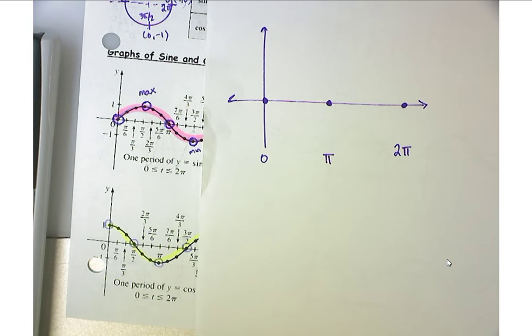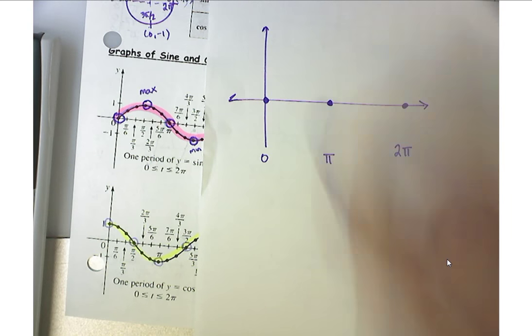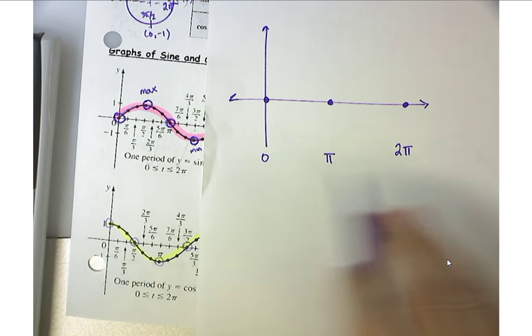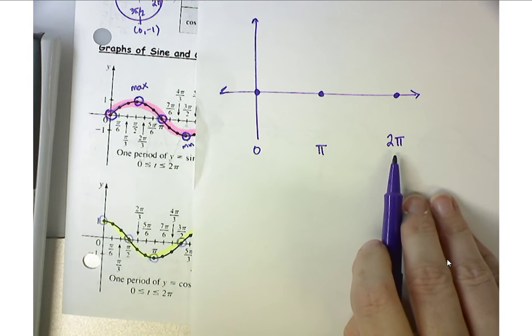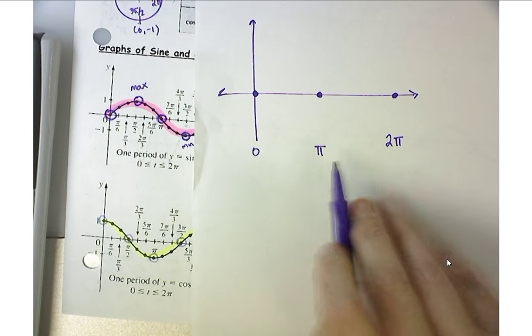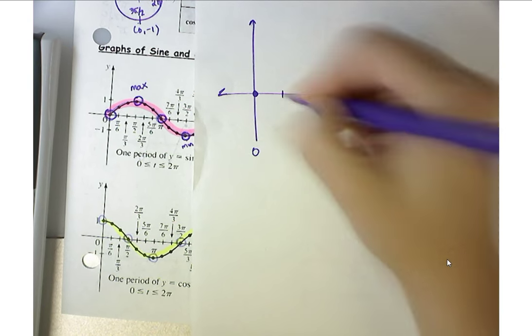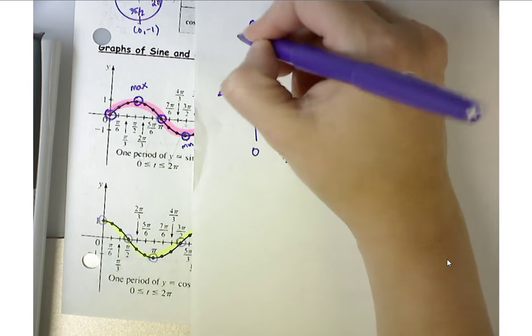Now, because we're going to have shifts, it's not always going to be 0. So it's more the pattern that I'm trying to show you here. Okay? Now, you will hit the max halfway in between these. See how pi is halfway between 0 and 2 pi? It's always going to occur, the special points are halfway. So between 0 and pi is what? Pi over 2. Okay, so at pi over 2, it's going to hit its maximum value, which is what? 1.